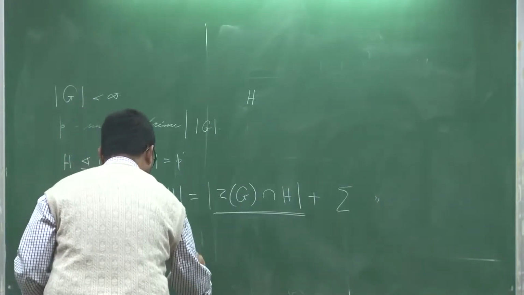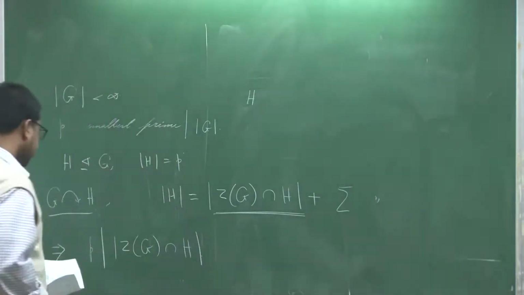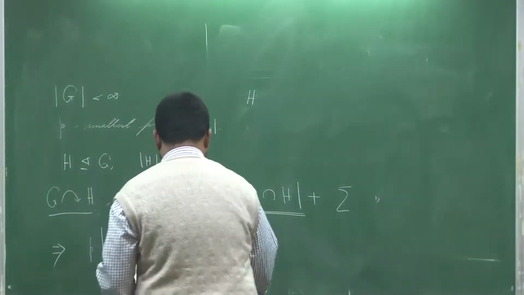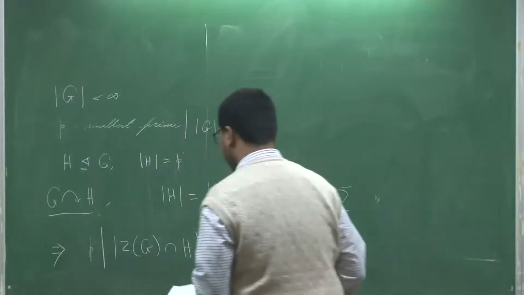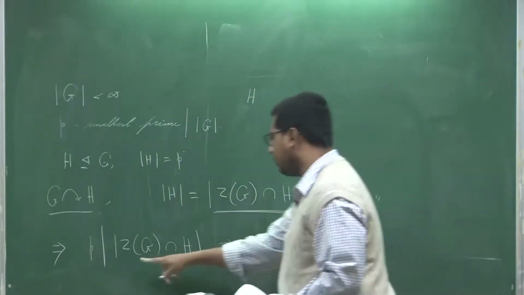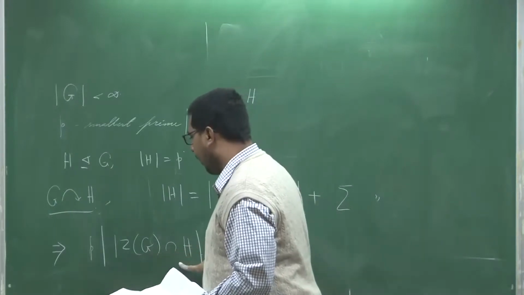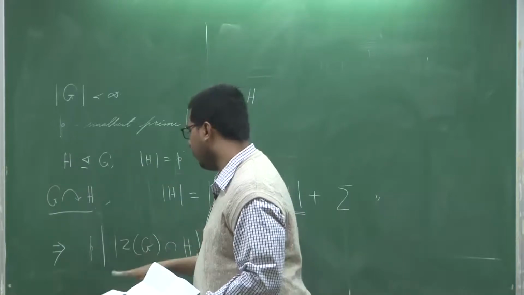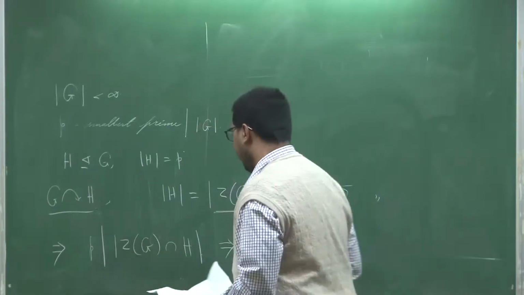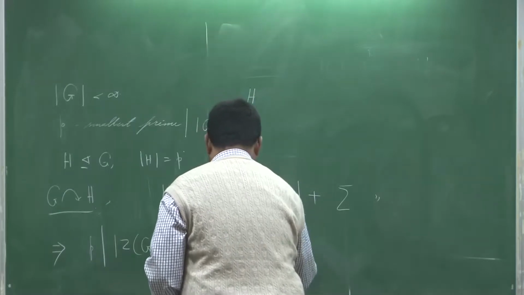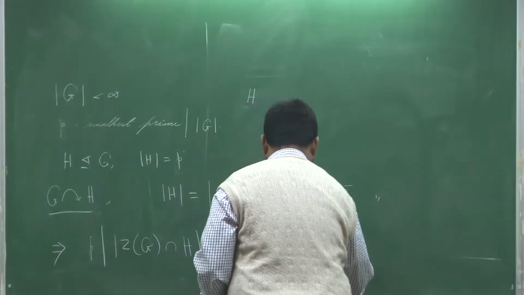This is also divisible by p, and since this will be non-trivial, it should have a prime divisor. Since p is the smallest prime dividing the order of G, p must divide this, and from that again it follows that H should be contained inside the center of G.